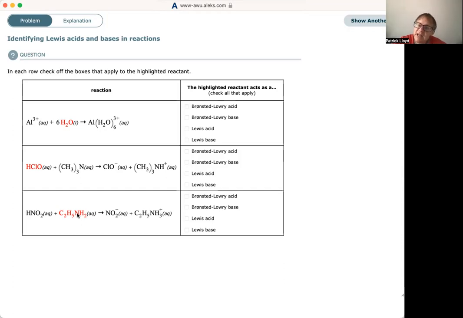Did the pair of electrons come from here, or did it come from here? And again, you'll see the patterns if you do enough of them, but there's only one answer to that. Okay. And the answer is, if you look, I'm going to draw out the Lewis structures here.